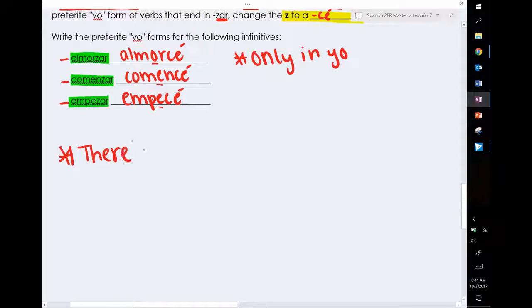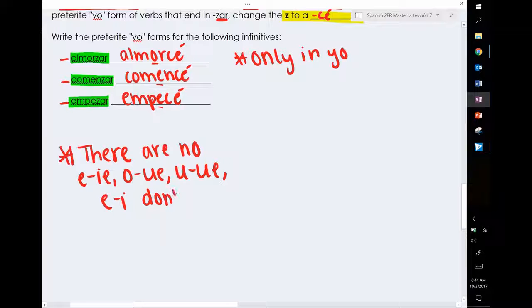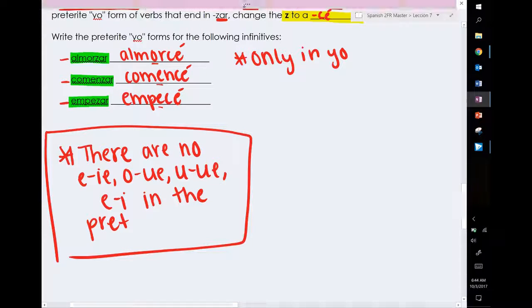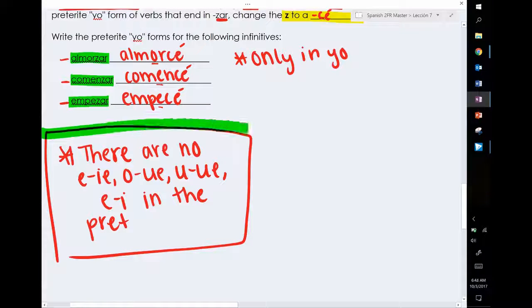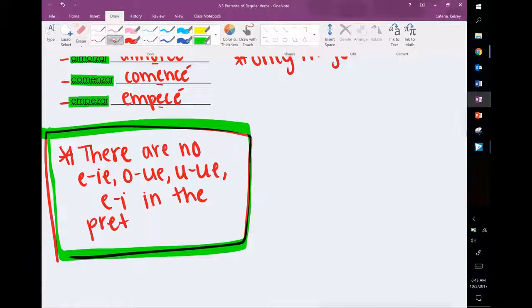The stem changes that you learned last year, so E to IE, O to UE, U to UE, E to I, they don't exist in the preterite. Okay, so those stem changes you learned back in Spanish 1 do not exist in the preterite.